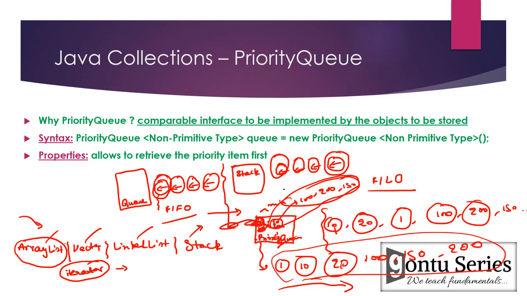Whatever order you have maintained while adding elements to an ArrayList, vector, linked list or stack, the iterator is going to give you all elements in that order.